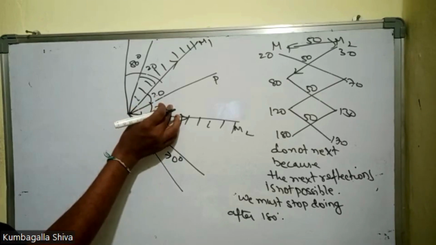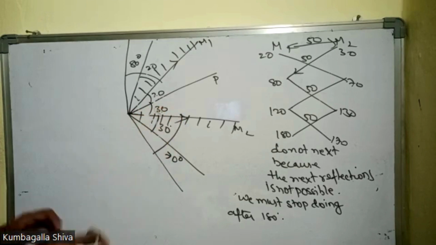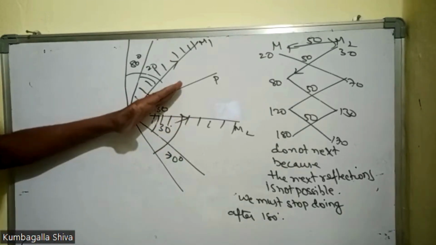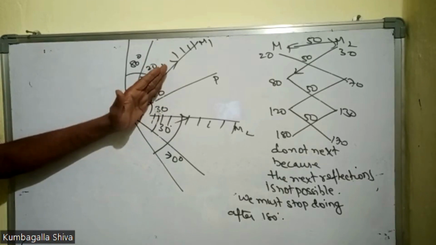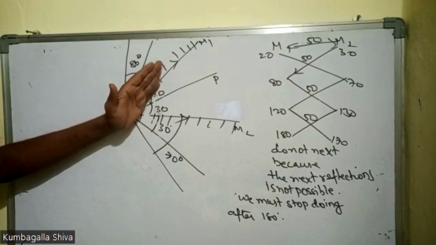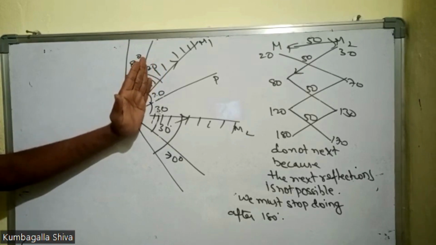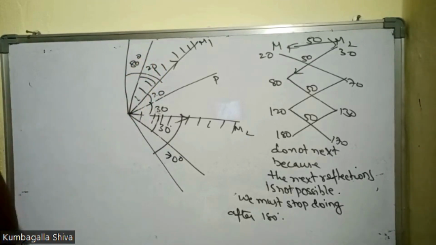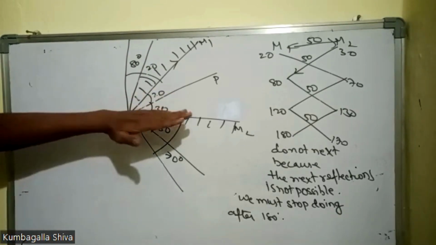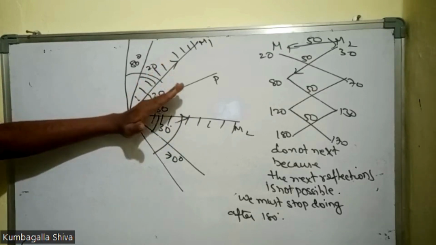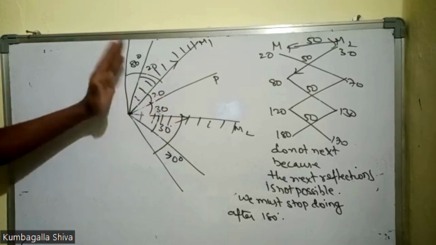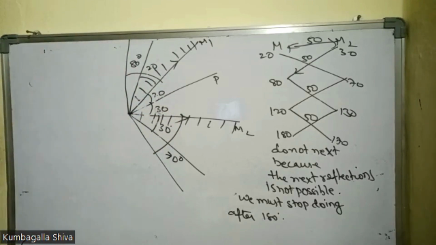So 30, 30, 20. How much? 50 plus 20, 70. 70 plus 80, how much am I getting here? 150. I got this, right? Right. Fine. I'm right here.